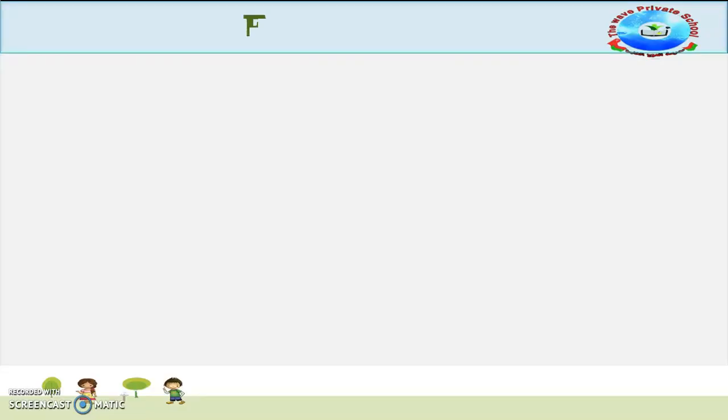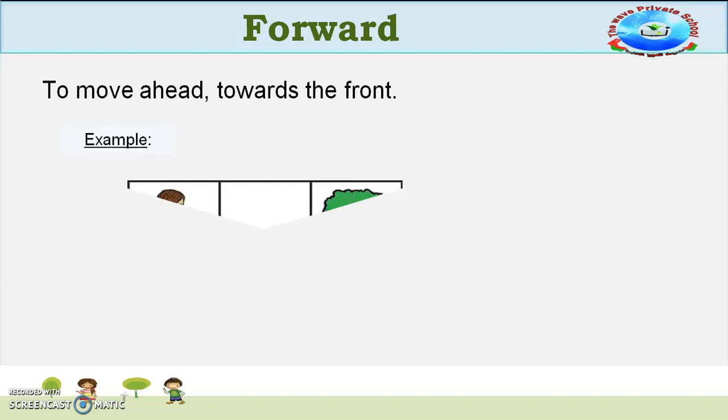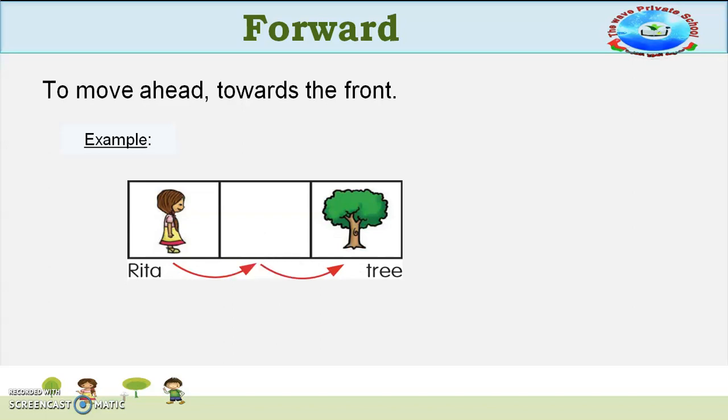First of all, we are going to revise the direction words forward and backward that you learned in grade 1. What do we mean by the word forward? Yes, forward means to move ahead, towards the front. For example, look at the picture.